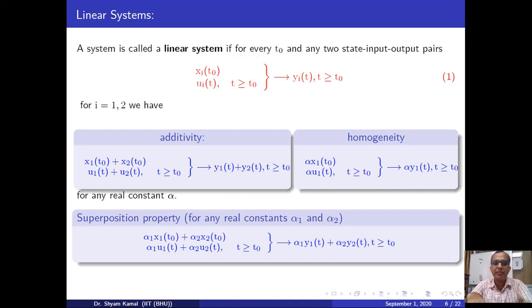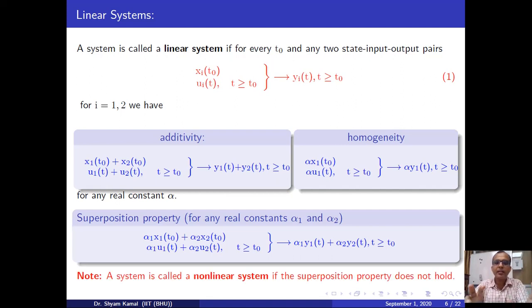Here alpha 1 and alpha 2 are two numbers; I scale the first input state pair by alpha 1 and the second by alpha 2, and finally I get this. So we have three quantities involved: additivity, homogeneity, and superposition. If all three conditions are satisfied, then we can say the system is a linear system.